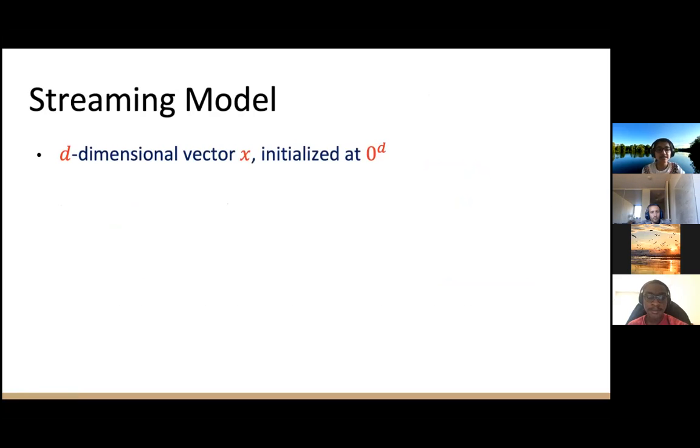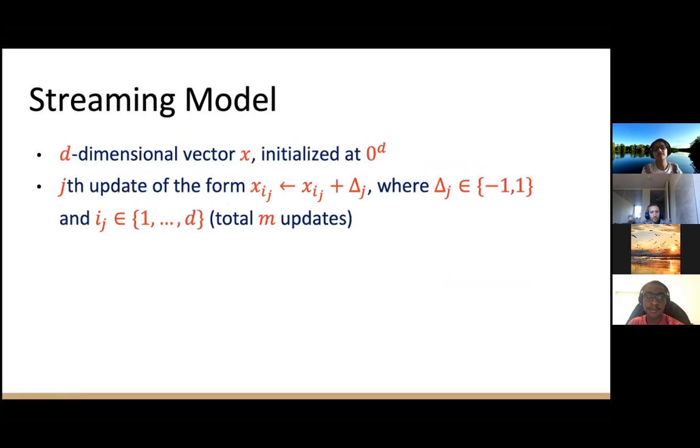In a streaming model, we have a d-dimensional vector x, which is first initialized at 0 to the d, and then we get a stream of m updates, where each update is of the form x_{i_j} is updated to x_{i_j} plus delta_j. That is, you are given an index of x to update with delta_j, where delta_j is in {-1, 1}. So at every step, you're updating this underlying d-dimensional vector x.